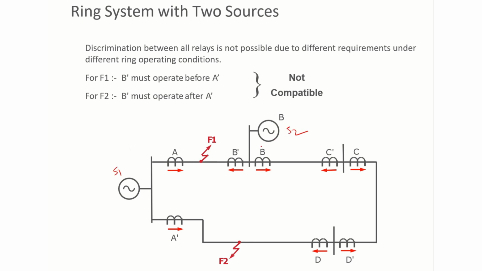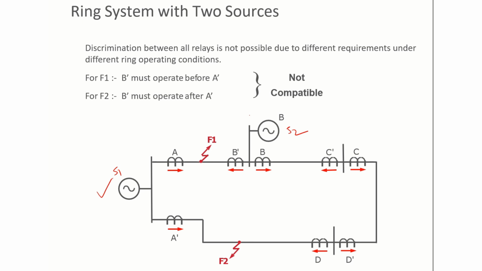First we have to see which source is important for us, whether source A or source B. Suppose this source is important and this source is least important. Whenever there is a fault, the least important source must be tripped instantaneously, and then the other relays should be coordinated by considering only the important source. So this is one option.